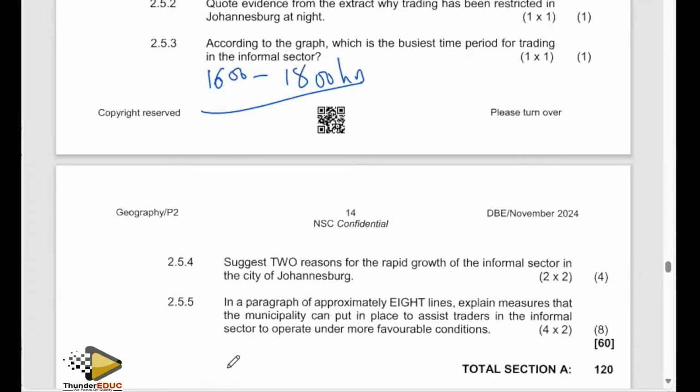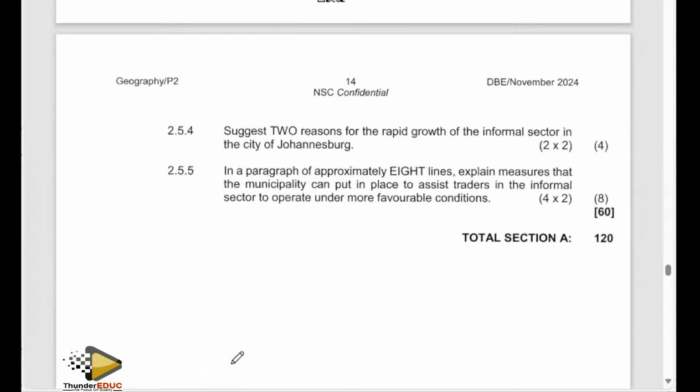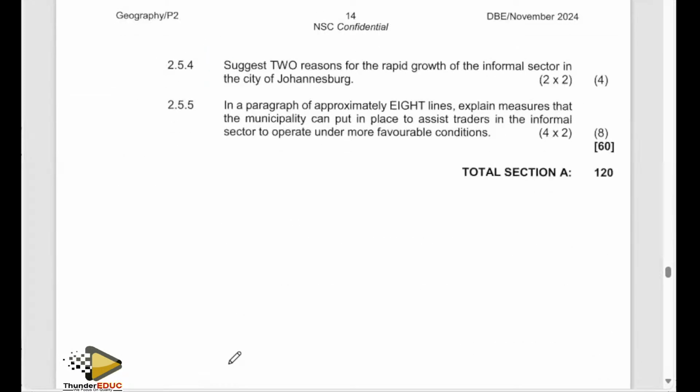So it's 1600 to around 1800 hours. That is where there is highest activity happening in the informal sector. Suggest two reasons for the rapid growth in the informal sector in the city of Johannesburg. Why do we have so many people engaging in the informal sector? There are so many reasons why we tend to have such high numbers of people in the informal sector.